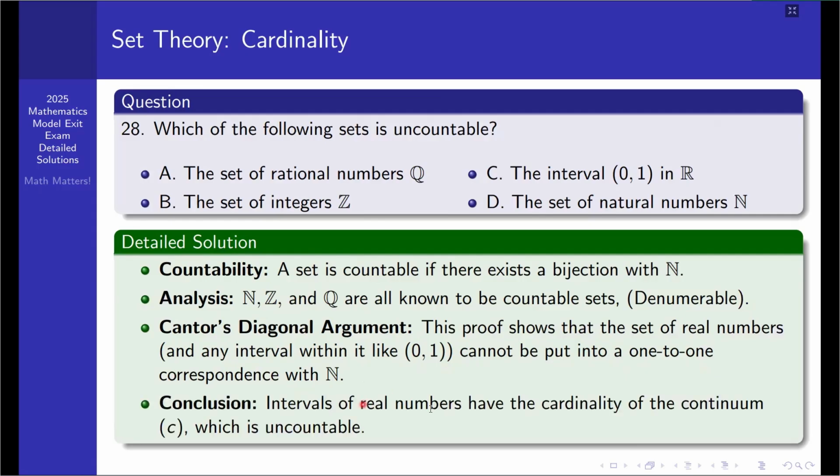Therefore, the intervals of real numbers have the cardinality of the continuum C, which is uncountable because there is no one-to-one correspondence with the set of natural numbers. Therefore, the answer for this one is C, the interval 0 to 1 in R is an uncountable set.